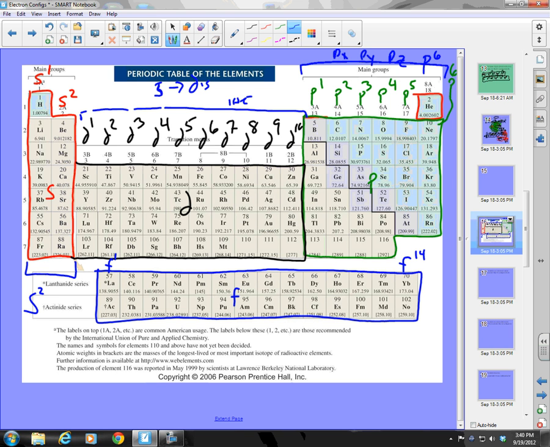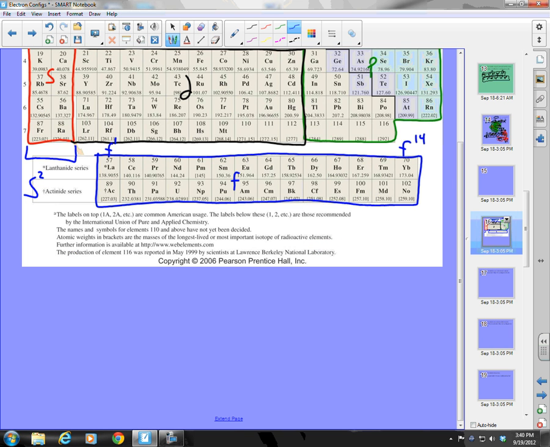Now, next, what do you want to write down? You want to write down N, because there is a relationship between N, meaning my energy level. And remember, when I say something like 4s2, what is that 4? Well, 4 is the N, right? That's the energy level. So there's a relationship between N and the period.